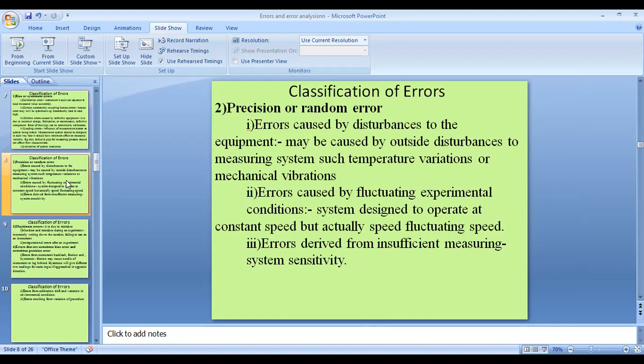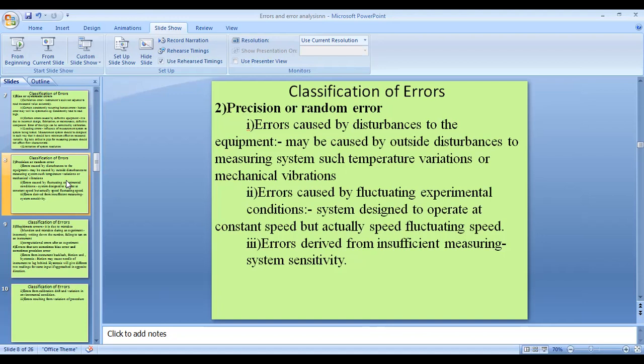It is also caused by conducting the experiment in fluctuating environmental conditions. You know that when we conduct the experiment for our setup, suppose I use an electric heater in my experiment for heat transfer, what happens to the voltage and current?